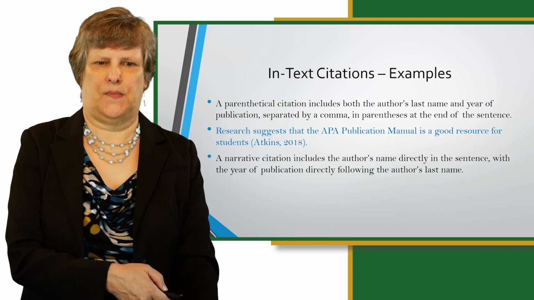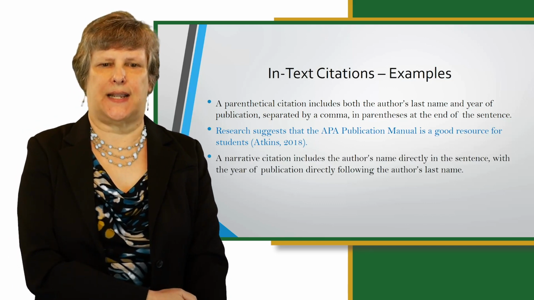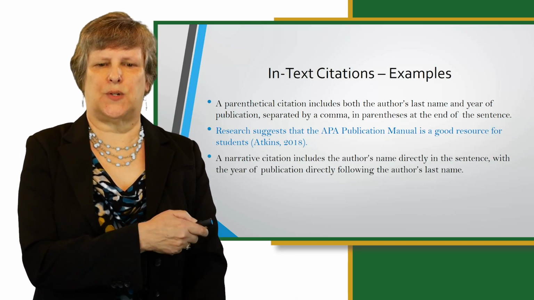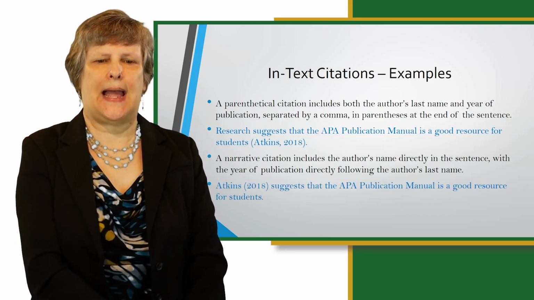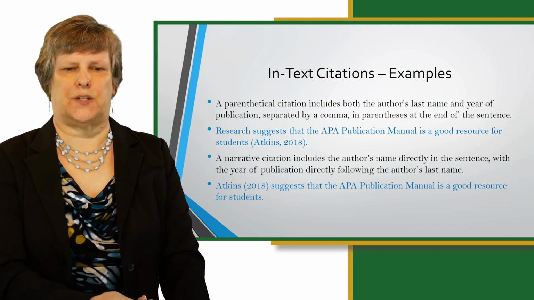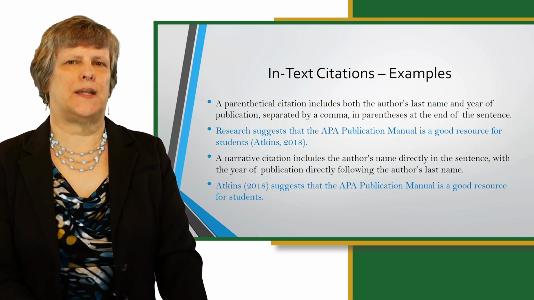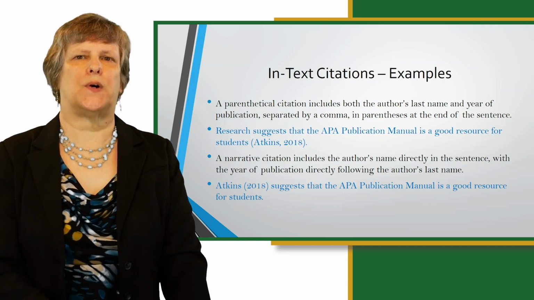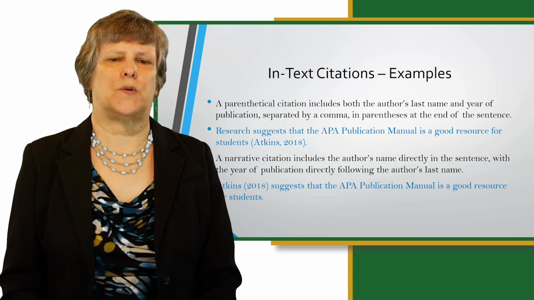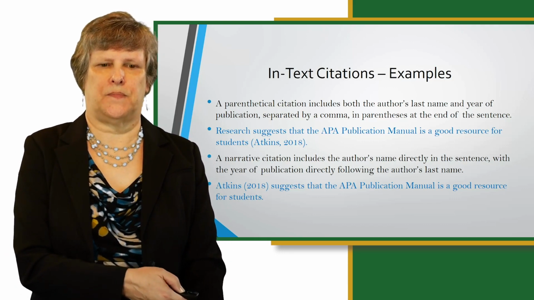Now, a narrative citation includes the author's name in the sentence. So it's the same statement, but this time: Atkins (2018) suggests that the APA manual is a good resource. Same information, same source, two different ways of citing it. Notice this is not a direct quote, therefore I do not need page numbers.